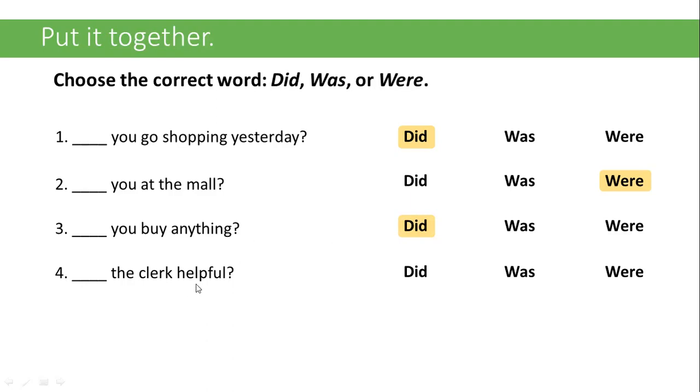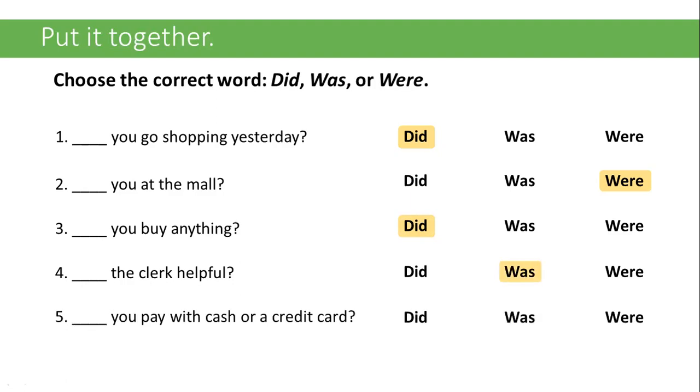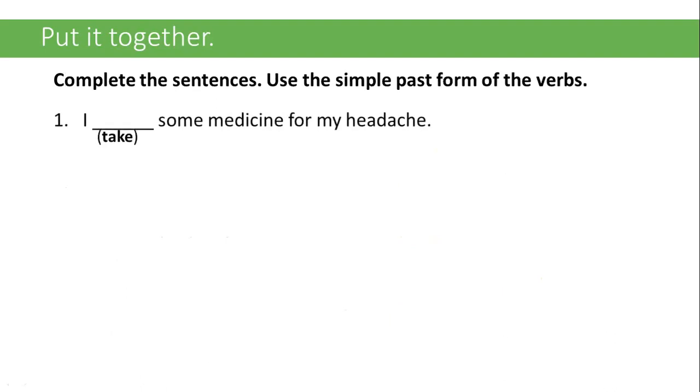Is there any verb? No. Okay, so simple. You just need to add was. Okay, very good. Next. Blah, blah, blah. You pay cash or a credit card? Yeah, there is a verb here, so you can use did. All right.